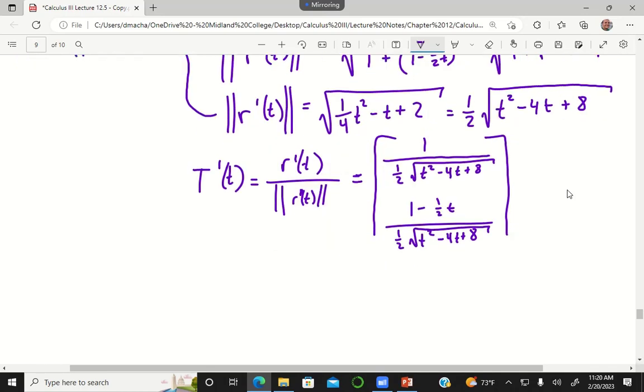And then the z component is 0. I can simplify both of these by multiplying the numerator and denominator by 2. If I want to cancel that 1/2 in the denominator, I could just multiply the top and bottom by 2 to keep it balanced. And so this becomes 2 over that radical. And then this would be 2 minus t over that radical.